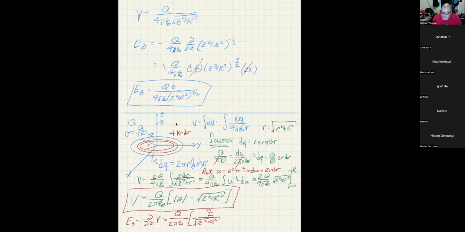So I just get a z on top. And when I take the derivative of the absolute value of z, I'm just going to get 1. So now I can change the order of that and say that it is Q over 2 pi epsilon naught times 1 minus z over the square root of z squared plus r squared.